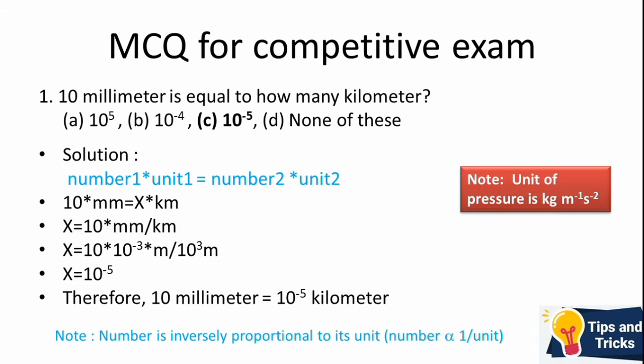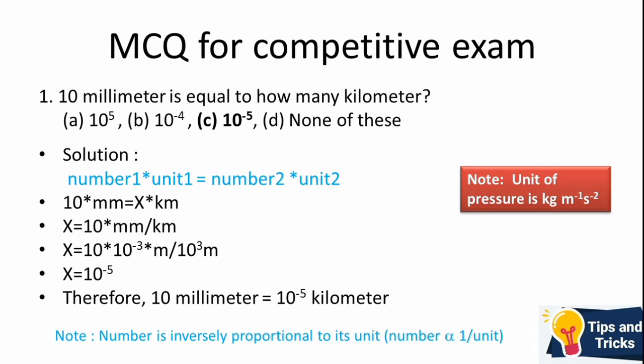Now let us convert millimeter and kilometer into meters. Milli is 10 power minus 3, kilo is 10 power plus 3. Substituting this in x, we get x is equal to 10 into 10 power minus 3 meter divided by 10 power 3 meters.